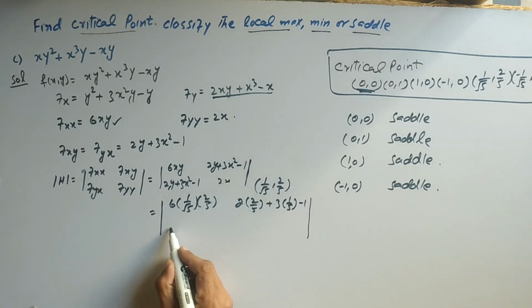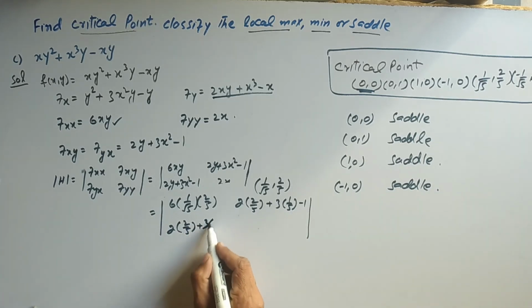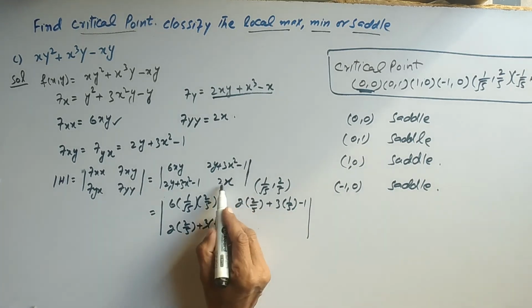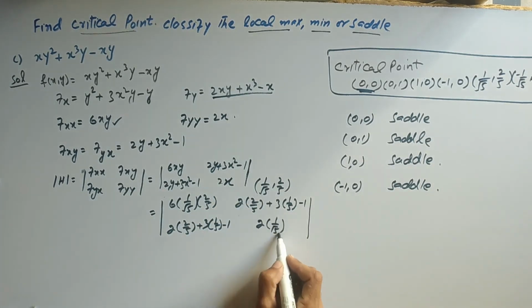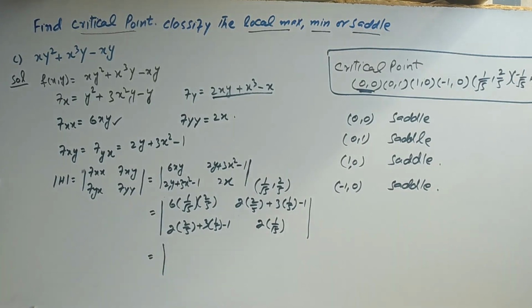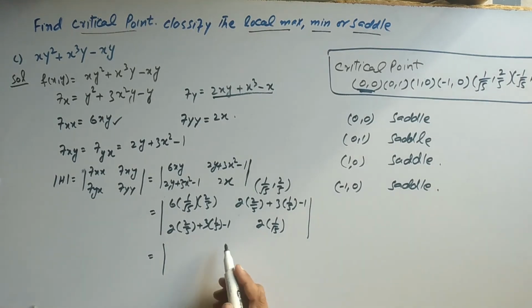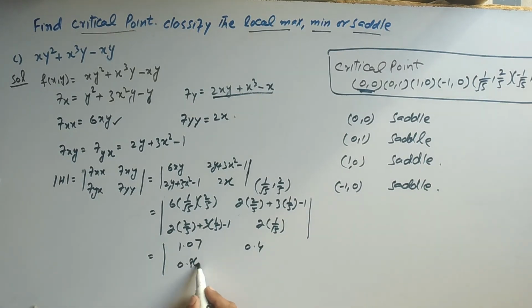Same will write here, 2 by 5 plus 3 into 1 by 5 minus 1, and from here x is 1 over root 5. So after all these calculations, I solve it: 1.07, 0.4, 0.96, and 0.16.